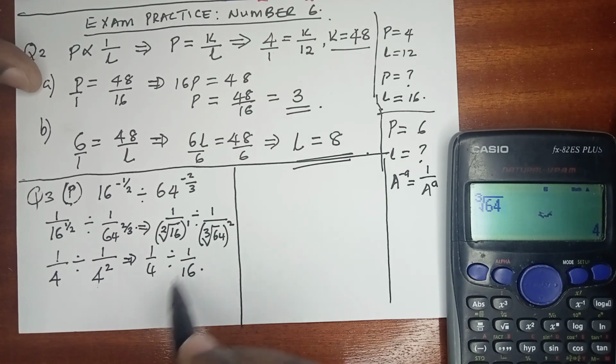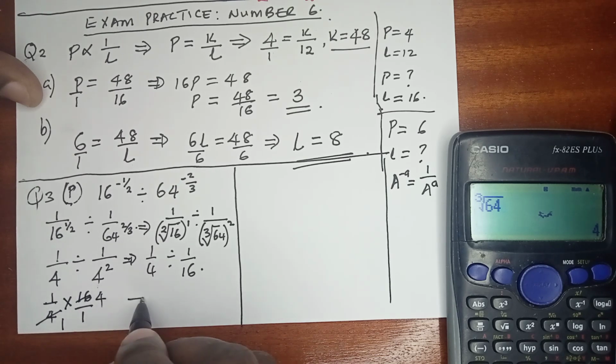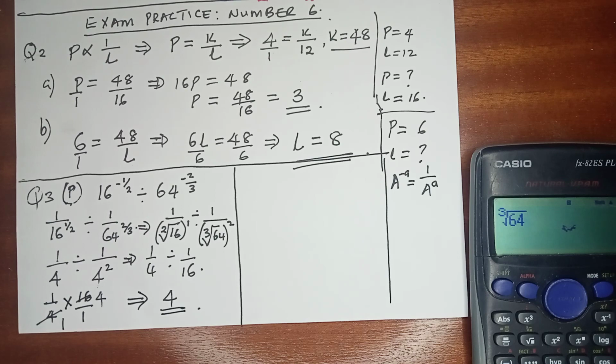Now our divisor happens to be 1 over 16, and therefore we have 1 over 4 times 16 over 1. 4 into 4 once, 4 into 16 four times. So the whole thing gives us the solution as 4. That is as far as part P is concerned.